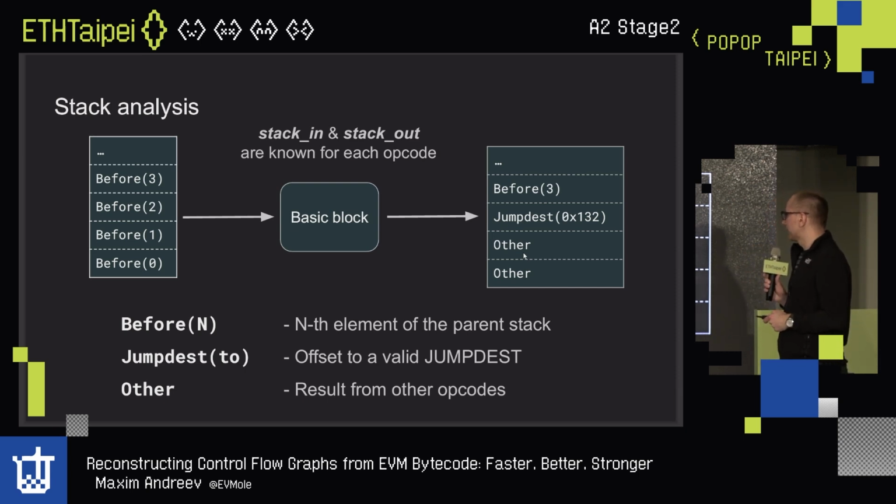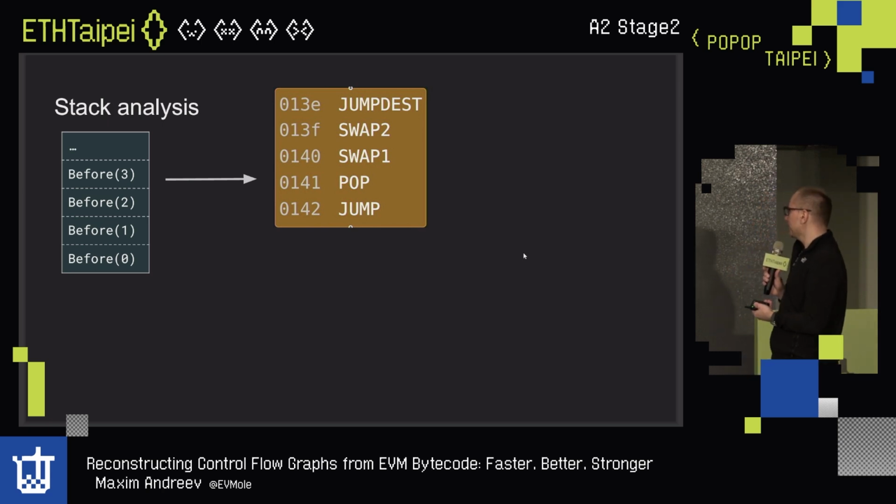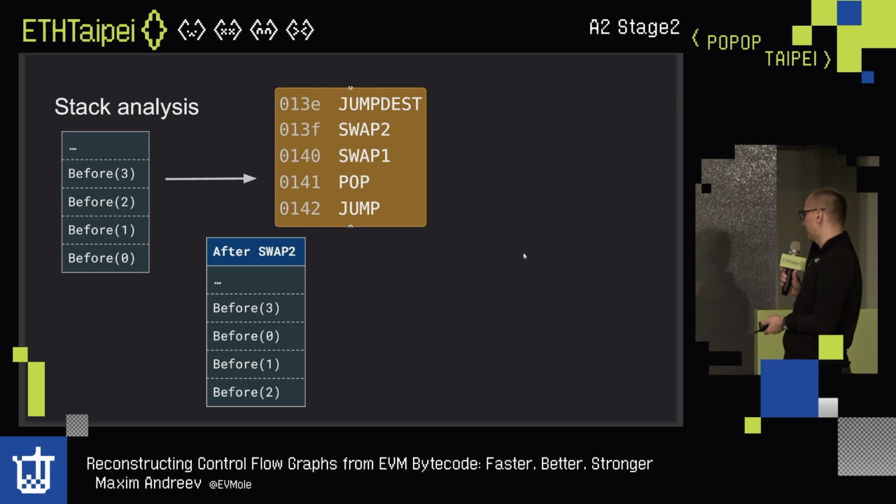So on the input we have this symbolic stack, we execute the basic block and get another stack state. Here's an example. Here's the stack on the input, here's the basic block, and we can execute it instruction by instruction.